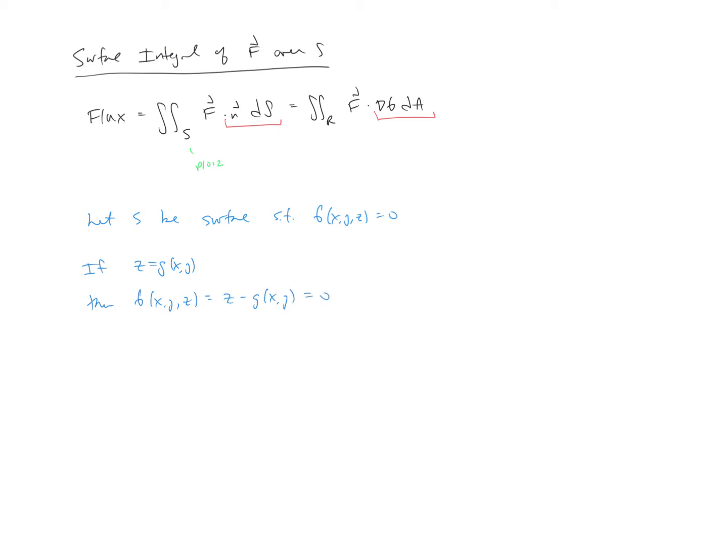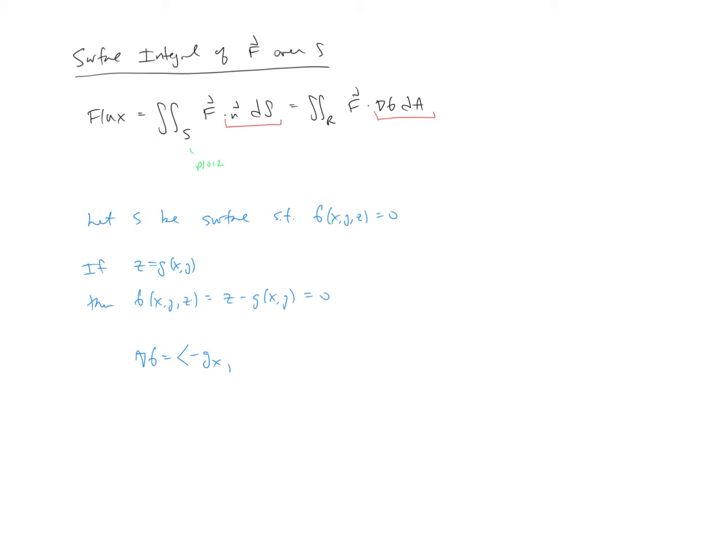Now, the reason it's so important to get this set up is that we're going to be using this gradient of G dA. So when I take the gradient of this, the partial with respect to x would be negative G sub x, the negative coming from the partial of g with respect to x.